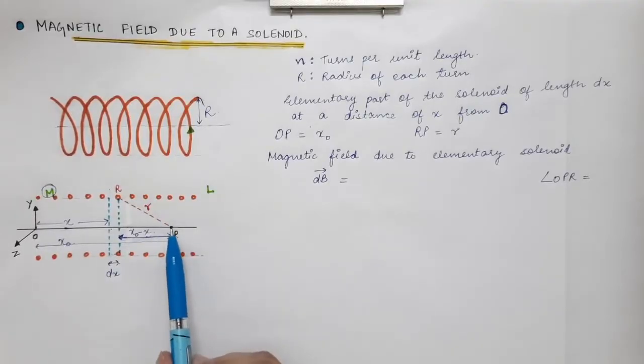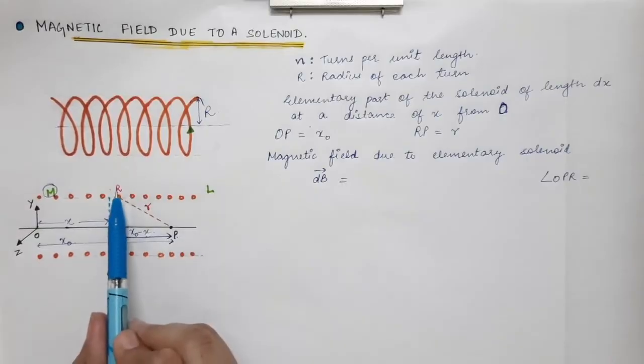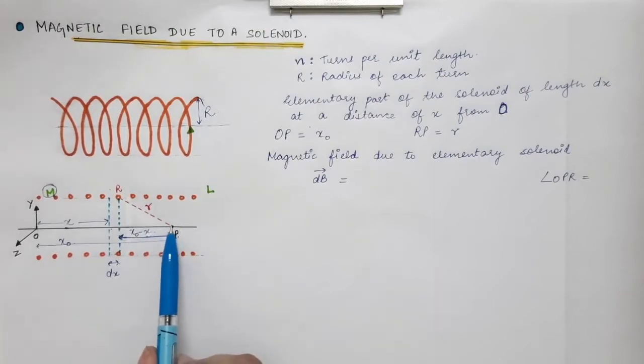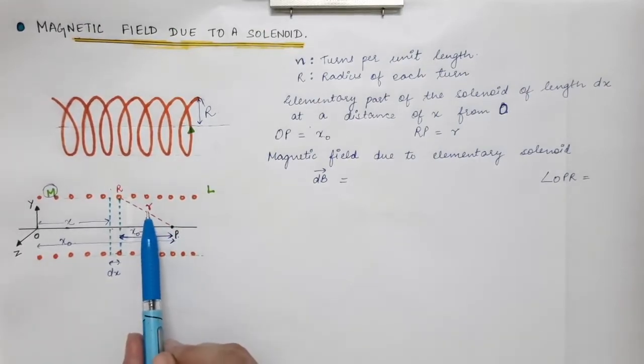And the distance of this point from the observation point: this point is present on the solenoid. So what is the distance of this point from the observation point? That is equal to small r.